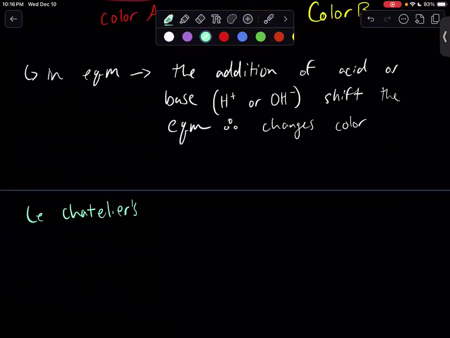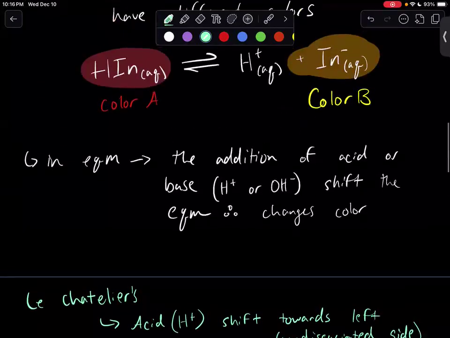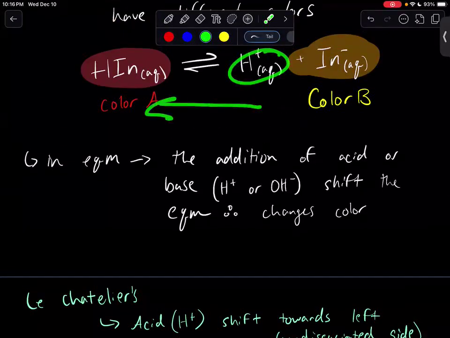Because as we look at Le Chatelier's principle, we notice that an acid or H plus will shift towards the left, or the undissociated side. So as we add our hydrogen, we'll shift back towards our original side.